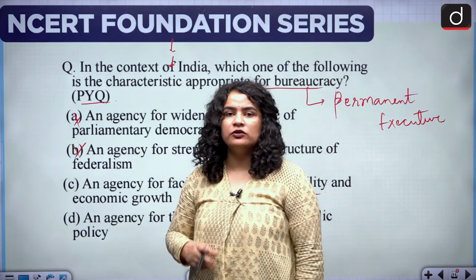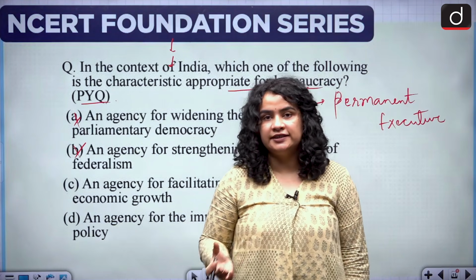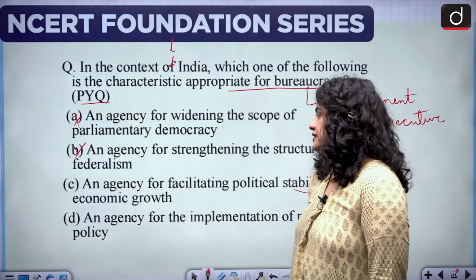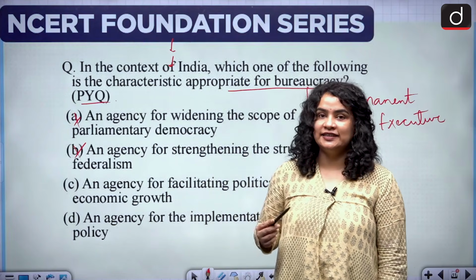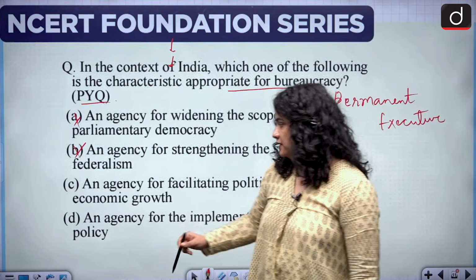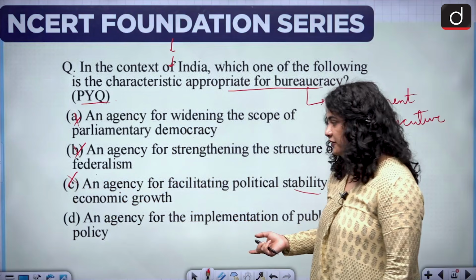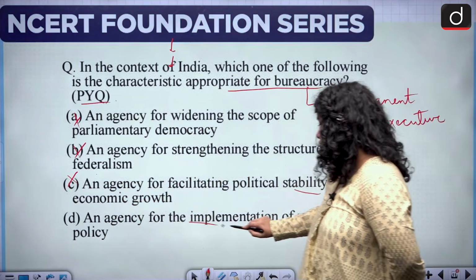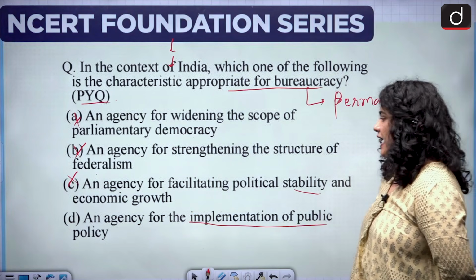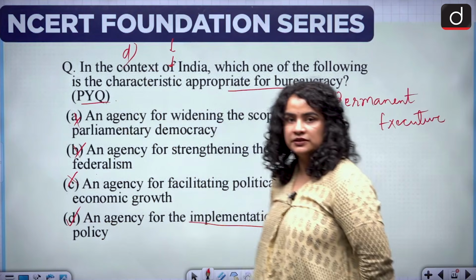We are talking about implementation of policies, and while it is a necessary condition for political stability as well as economic growth, it does not necessarily enable those things. So while this might appear like a tempting option, it's not correct. Option D says an agency for the implementation of public policy, and this is our correct answer.